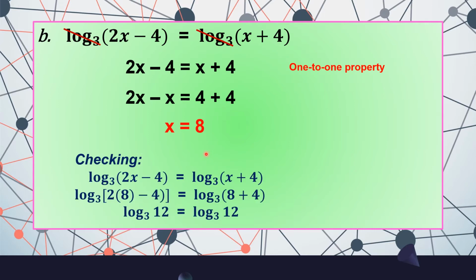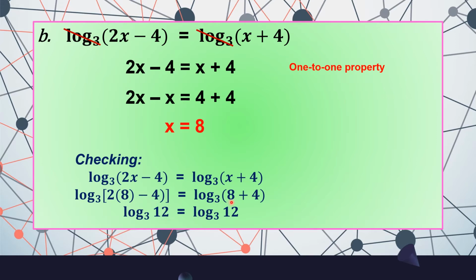Let's check. Just substitute the value of x, which is 8, on the x of the logarithmic equation. So, I change x into 8. Then, I also change x here into 8. So, 2 times 8 now is equal to 16, minus 4 is equal to 12.